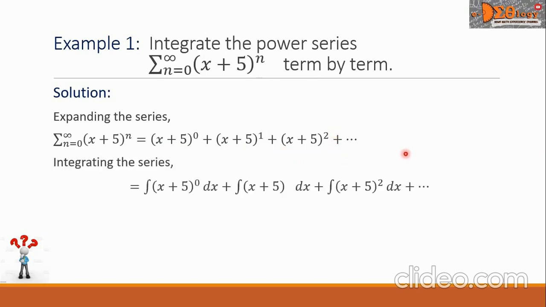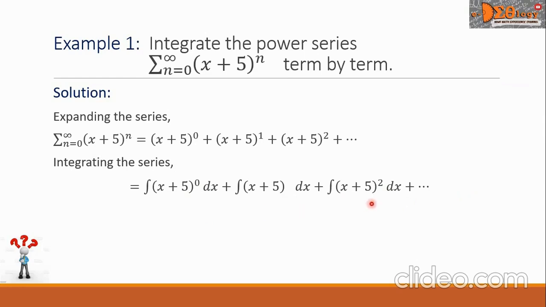Now let us integrate the series one by one, or term by term. So the integral of the quantity x plus 5 raised to 0 dx, plus the integral of the quantity x plus 5 dx, plus the integral of the square of the quantity x plus 5 dx, plus and so on.